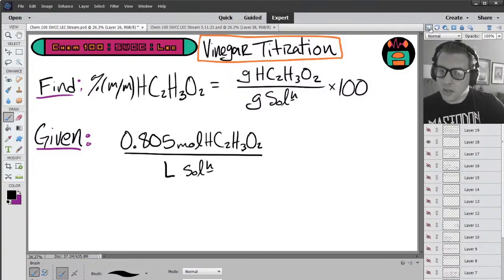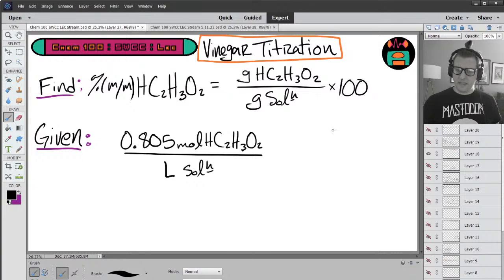Now, I hope you can see that really the difference between percent mass and molarity is more or less a difference in units.